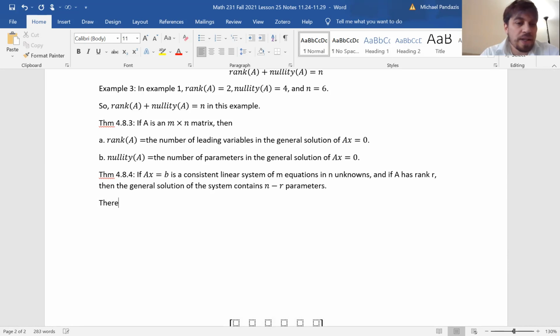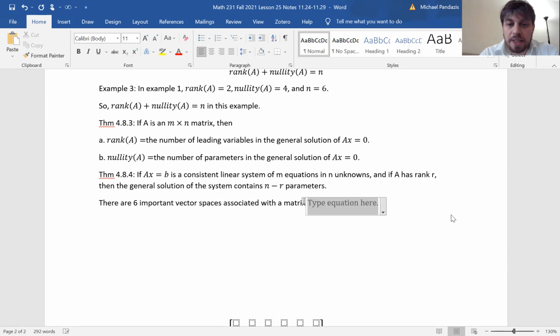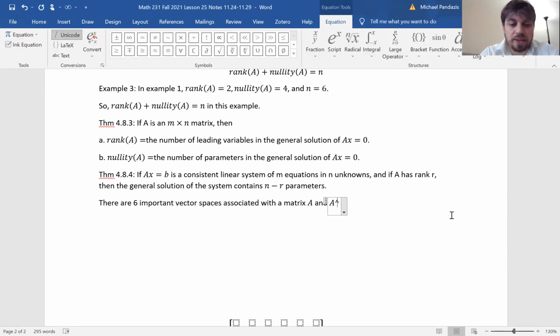Okay, there are 6 important vector spaces associated with a matrix capital A and matrix capital A transpose.